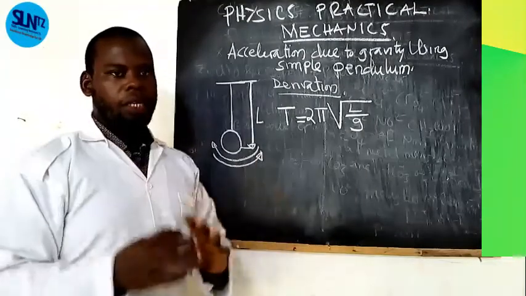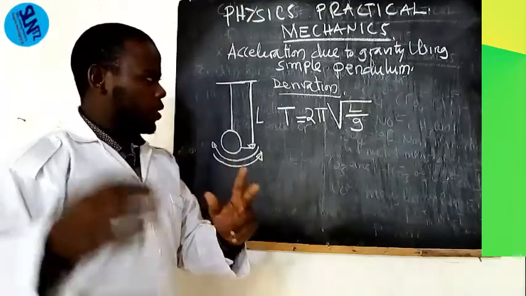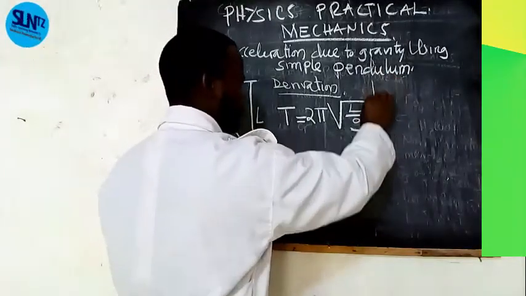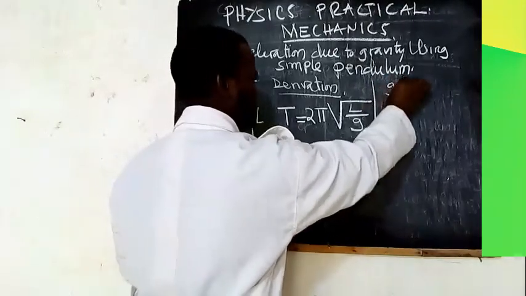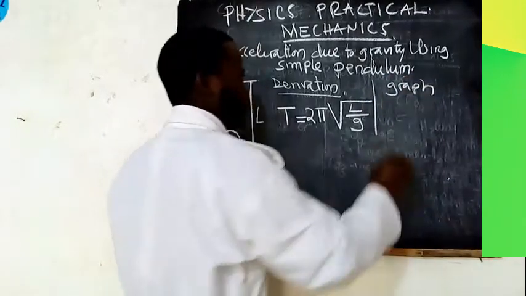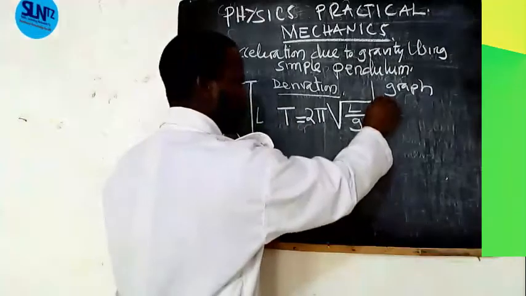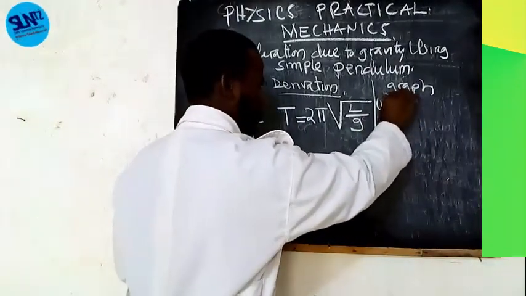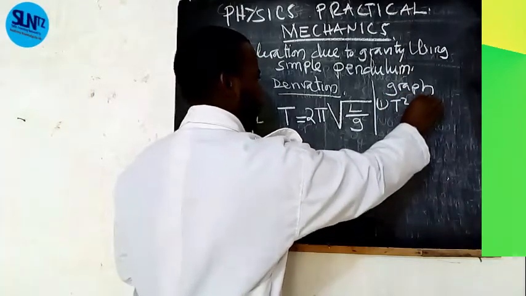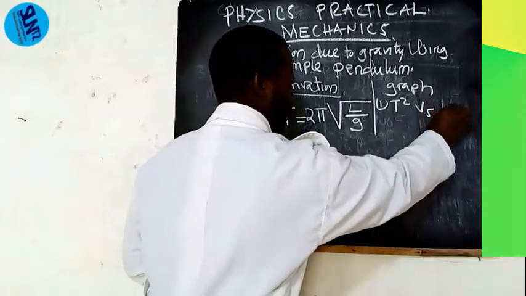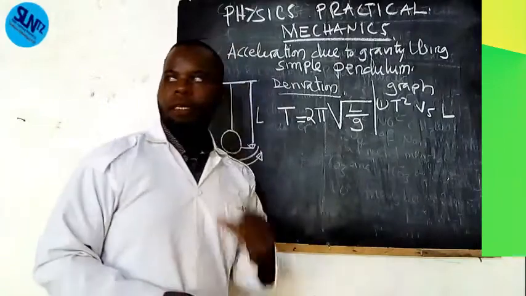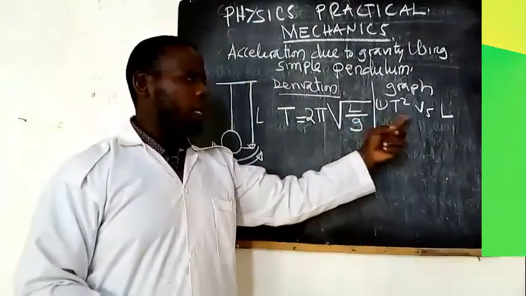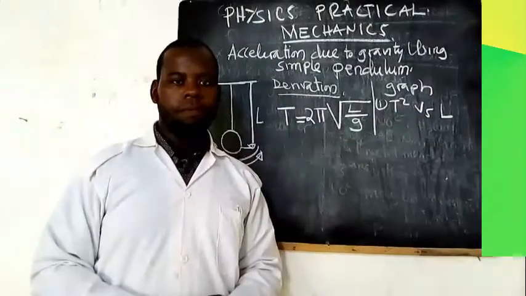You can be asked to plot a graph. You can be asked to plot one graph of T squared against L, periodic time squared against length of pendulum.